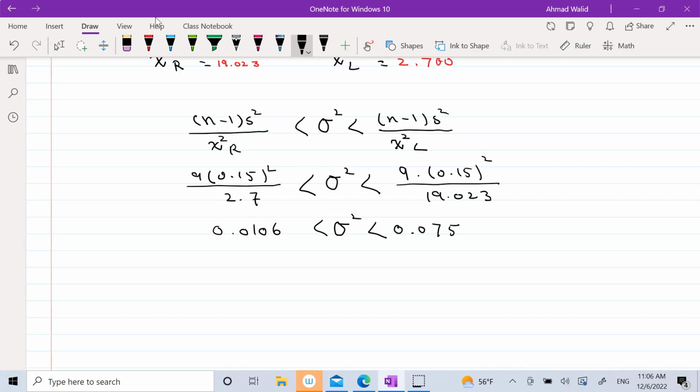One more thing that I want to discuss, when you are looking for the standard deviation, please do not take the square root after rounding off. Take the square root of the number before rounding off, correct? And if you do that, you will end up with 0.103 on the left and 0.274 on the right. That will be your standard deviation.